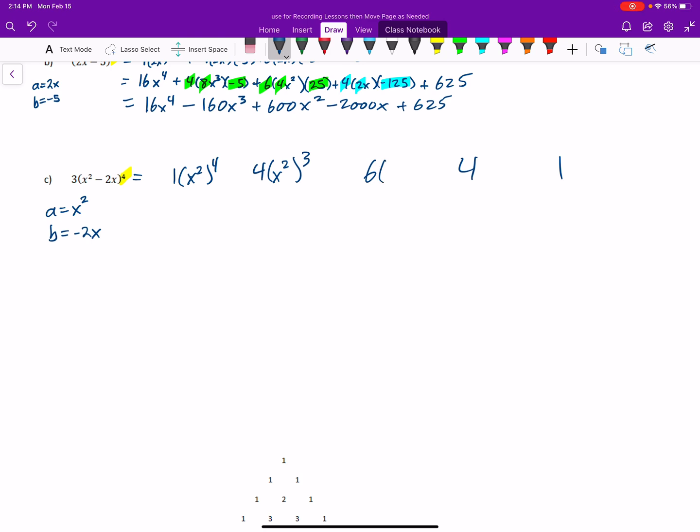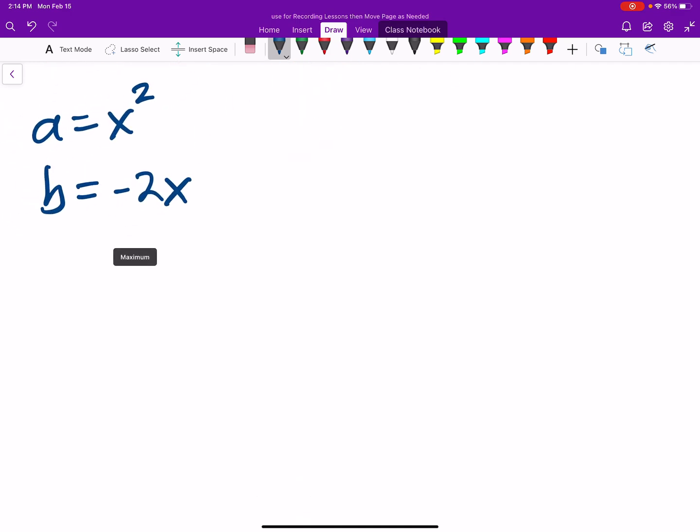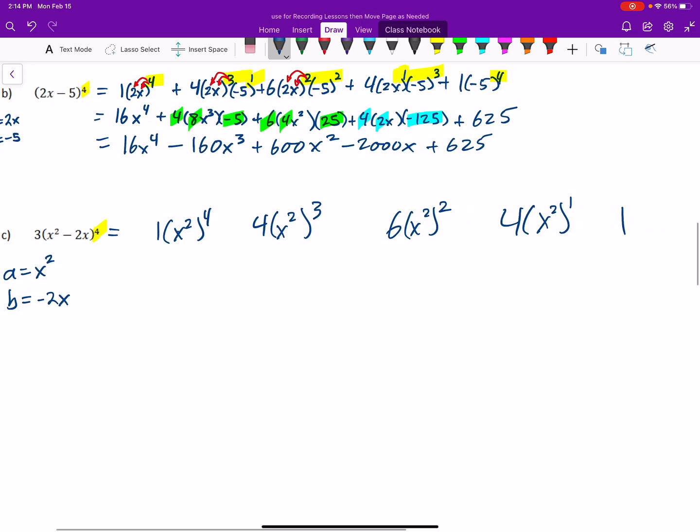And so, again, it goes down by 1 each time. And then there's no x squared in the last term. Then I've got negative 2x. And again, it's not in the first term, but for the next one, it's negative 2x to the 1, negative 2x to the 2, negative 2x to the 3, negative 2x to the 4. Plus signs, and then a whole whack of simplification.